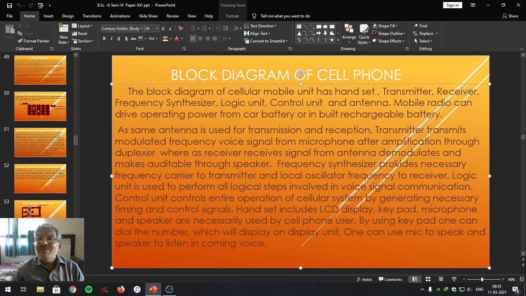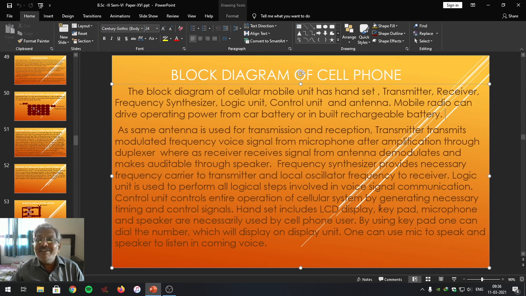Frequency synthesizer provides necessary frequency carrier to the transmitter and local oscillator frequency to the receiver. The logic unit is used to perform all logical steps involved in voice signal communication. Control unit controls entire operation of the cellular system by generating necessary timing and control signals.